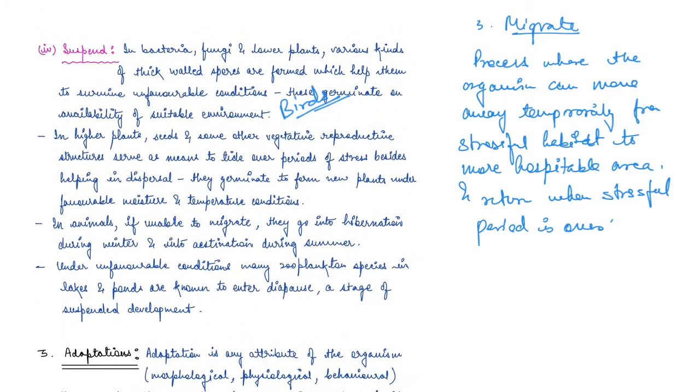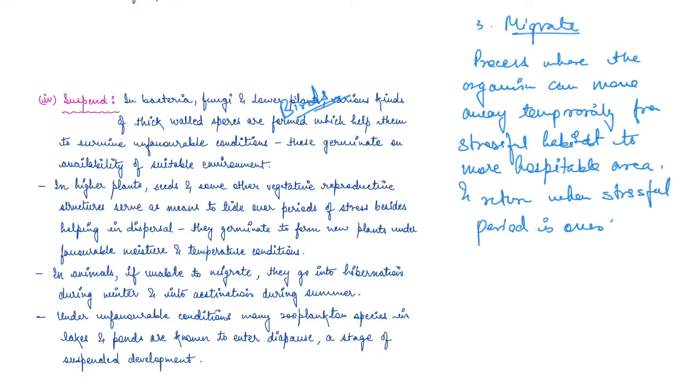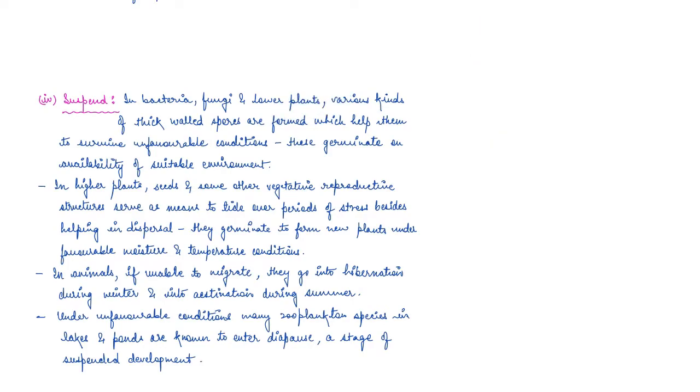So the fourth response is suspend. Now, what do we mean by suspend? In bacteria, fungi, and lower plants, various kinds of thick-walled spores are formed, which help them survive unfavorable conditions.